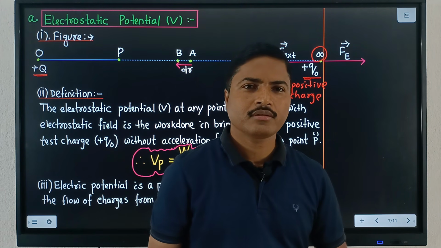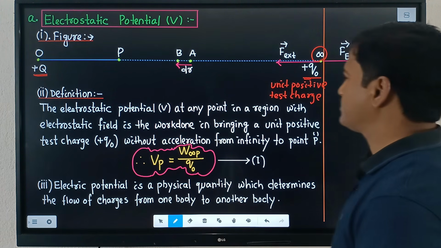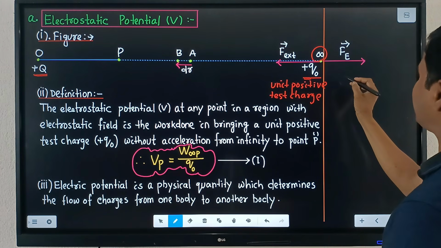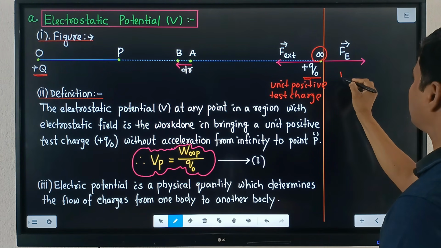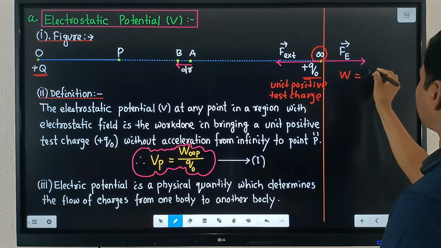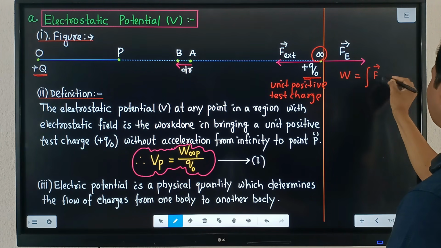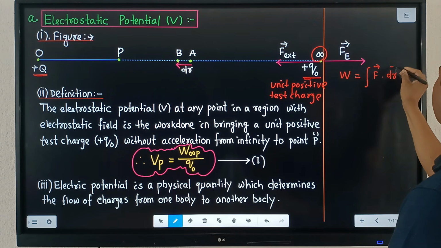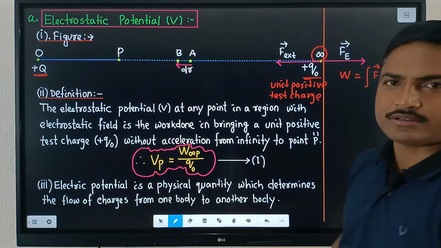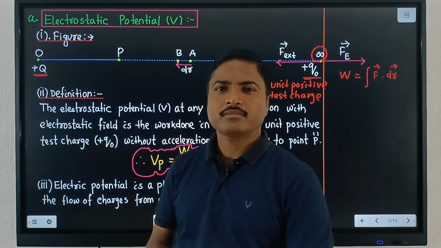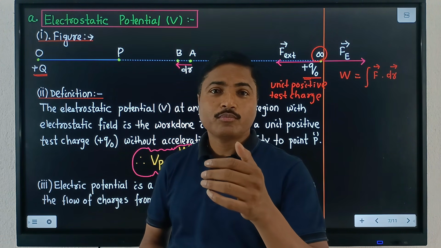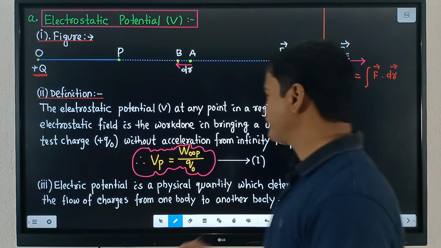Clear? And you know electrostatic potential energy, that is the work done. That means work done is equal to the dot product between the force and displacement. We know this expression. You also know the formula for electrostatic force.